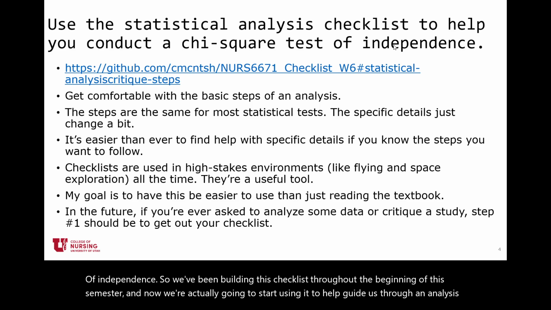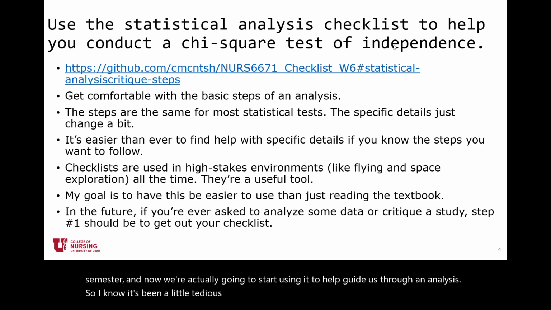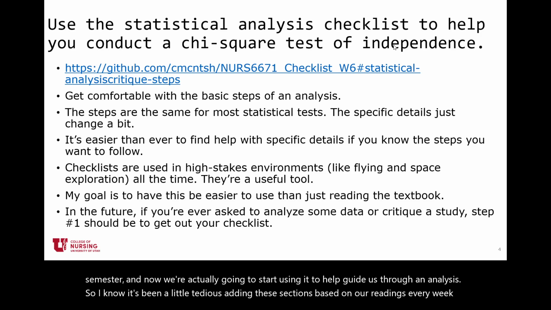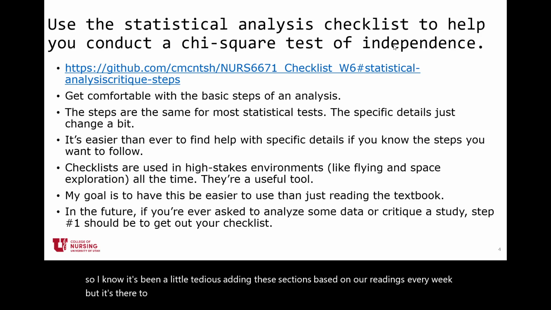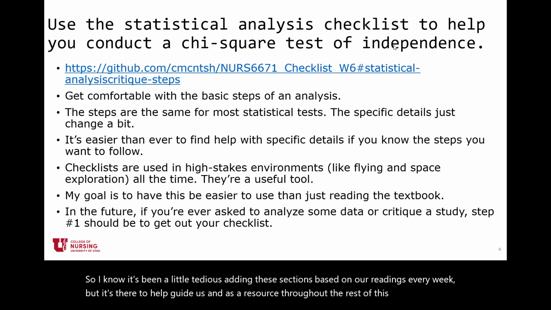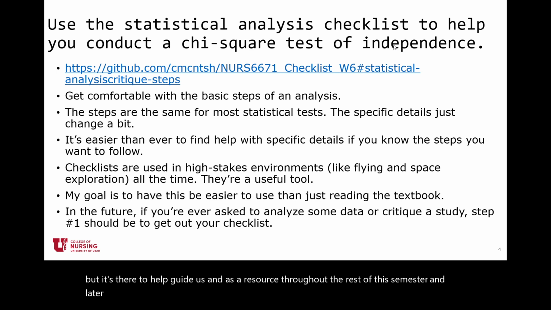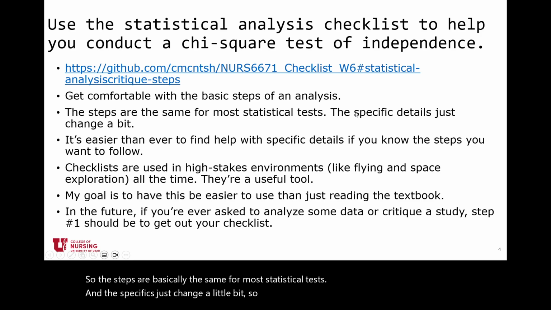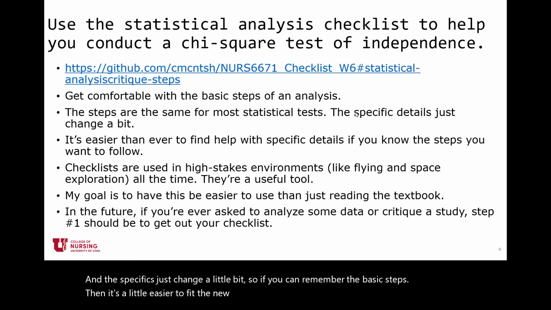I know it's been a little tedious adding these sections based on our readings every week, but it's there to help guide us and as a resource throughout the rest of this semester and later on. The steps are basically the same for most statistical tests, and the specifics just change a little bit. So if you can remember the basic steps, then it's easier to fit the new details into the steps that you already know.